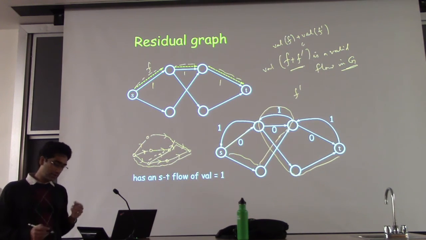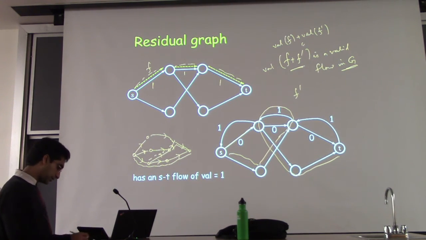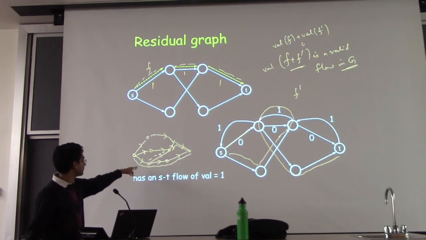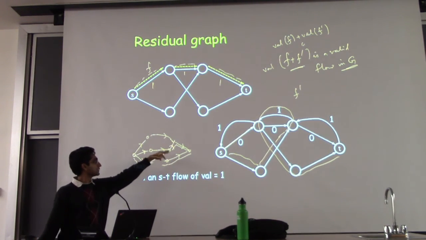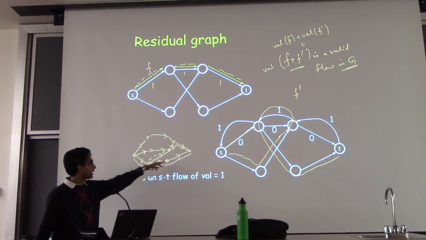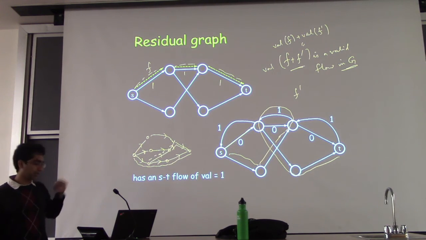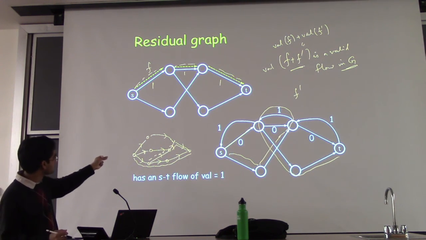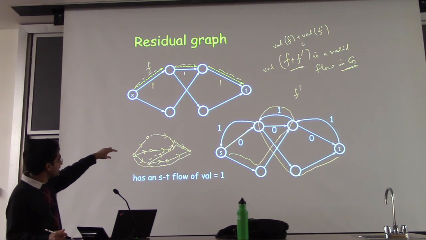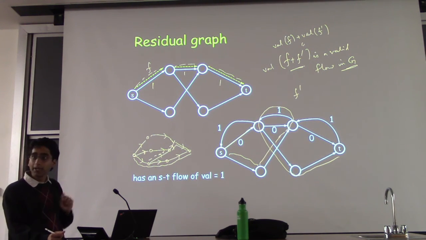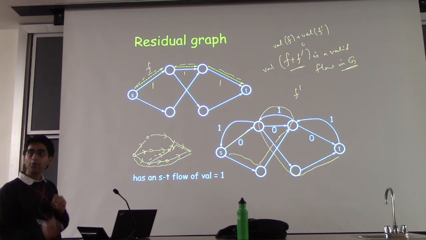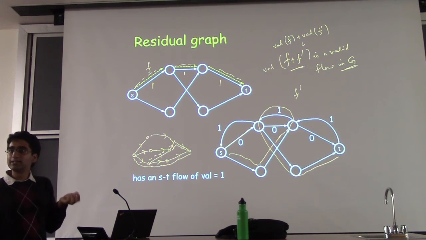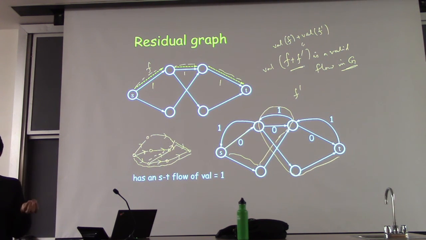In this case, your residual graph will have back edges like this, and it might have some other back edges and so on. So now what you're saying is, if I use the back edge in an augmenting path, then how do I go back and make it a legitimate flow in the full graph? That's what you're asking.